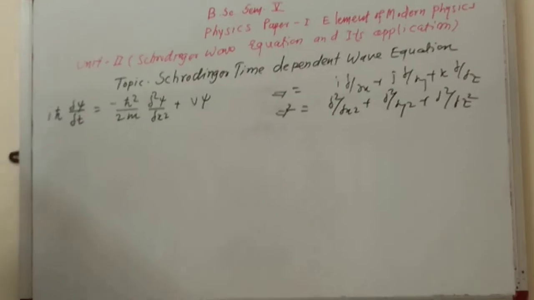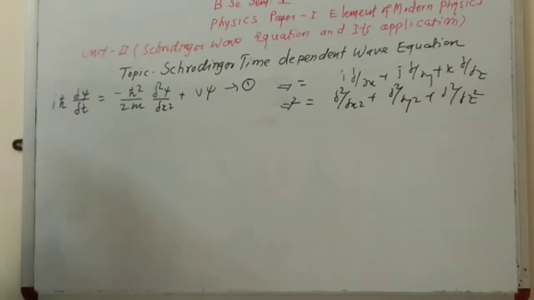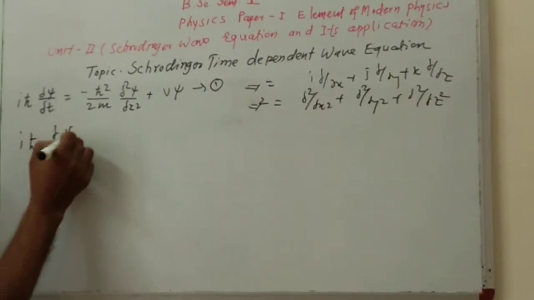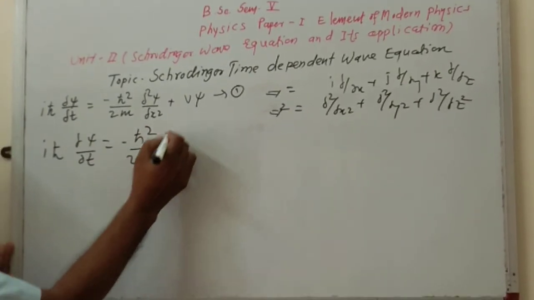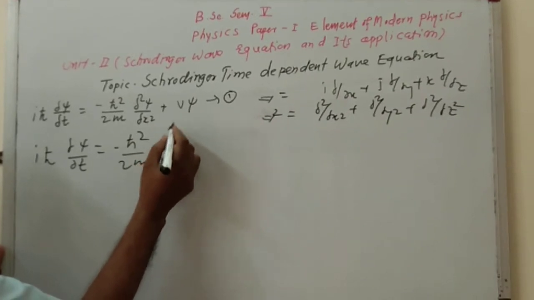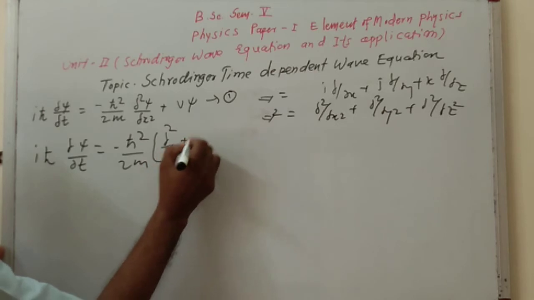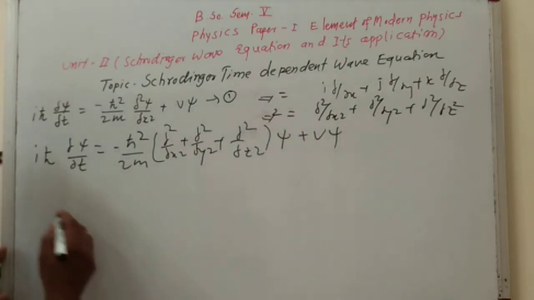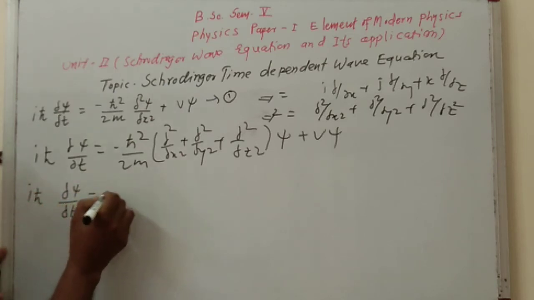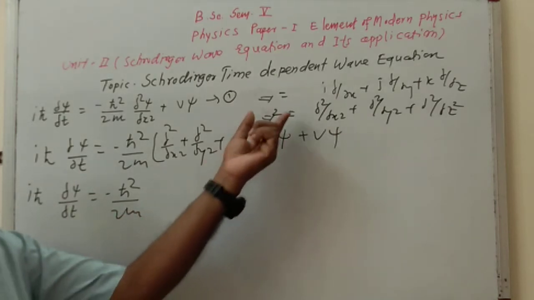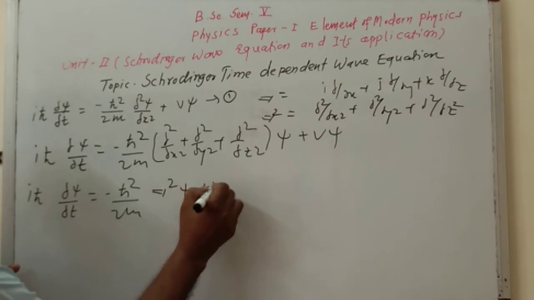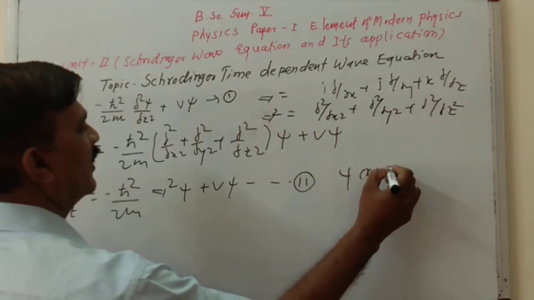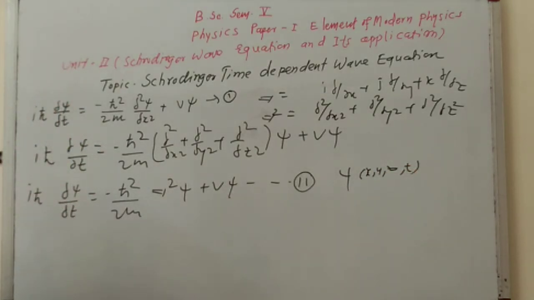Putting the value of ∇, we obtain from the one dimensional equation the three dimensional one, that is, iħ ∂ψ/∂t equals minus ħ² over 2m times (∂²/∂x² plus ∂²/∂y² plus ∂²/∂z²)ψ plus Vψ, that is, iħ ∂ψ/∂t equals minus ħ² over 2m ∇²ψ plus Vψ. Observe equation 2: ψ is a function of x, y, z and t. x, y, z are the space coordinates and t is the time coordinate.